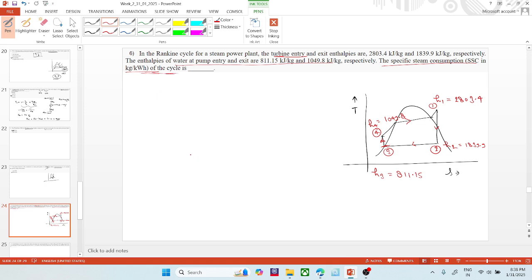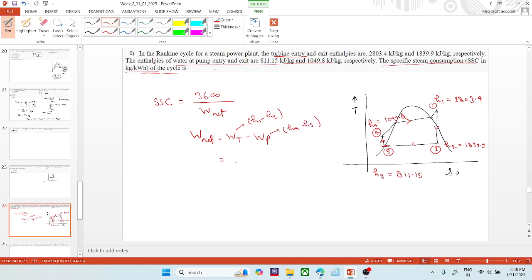Nothing to worry. The specific steam consumption in kg per kilowatt hour would be 3600 divided by W net. Here W net would be Wt minus Wp. Wt is H1 minus H2, and Wp is H4 minus H3.